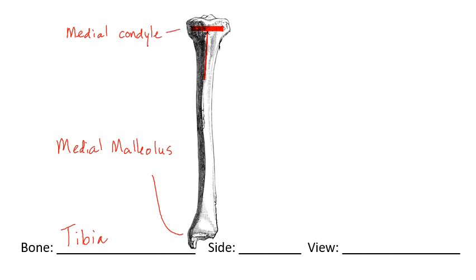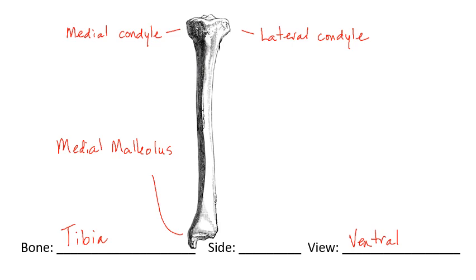And if this is the medial condyle, then this needs to be the lateral condyle. Our view, it's ventral. Okay, one of the things that we are seeing here, maybe I do need to remove that.